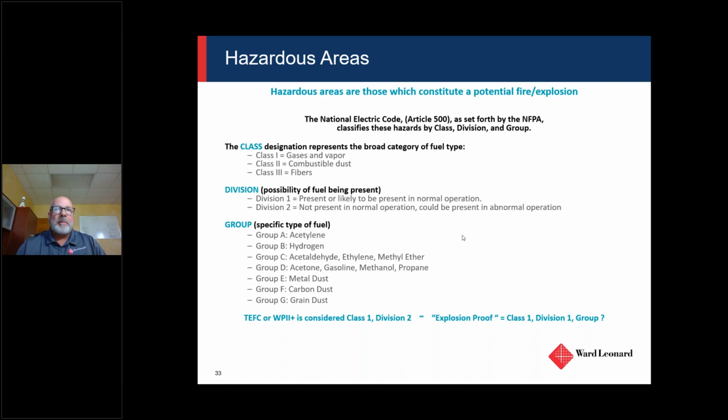You may have applications in your plant where you're using hazardous certified or explosion-proof, UL certified motors. So if it's a Class 2, Div 2, that would be Class 2 combustible dust, Division 2: not present in normal operation, but could be present in abnormal operation. And then even down into the group.